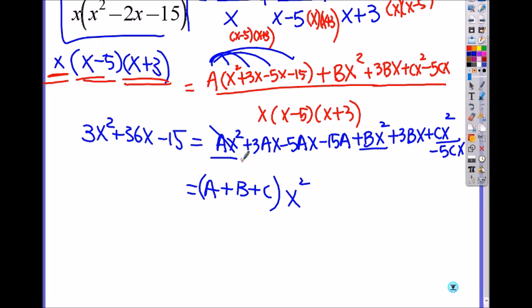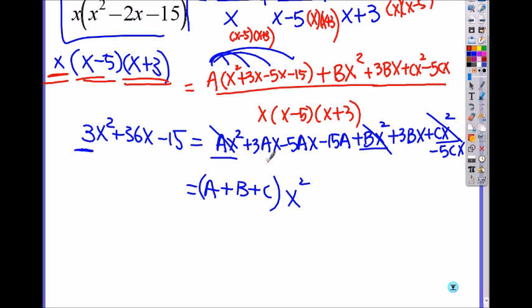Ax squared, Bx squared, Cx squared is the same as A plus B plus C times x squared. So that must equal what? The coefficient of x squared, which is 3. So that's our first equation for the system. Now let's do the x terms.